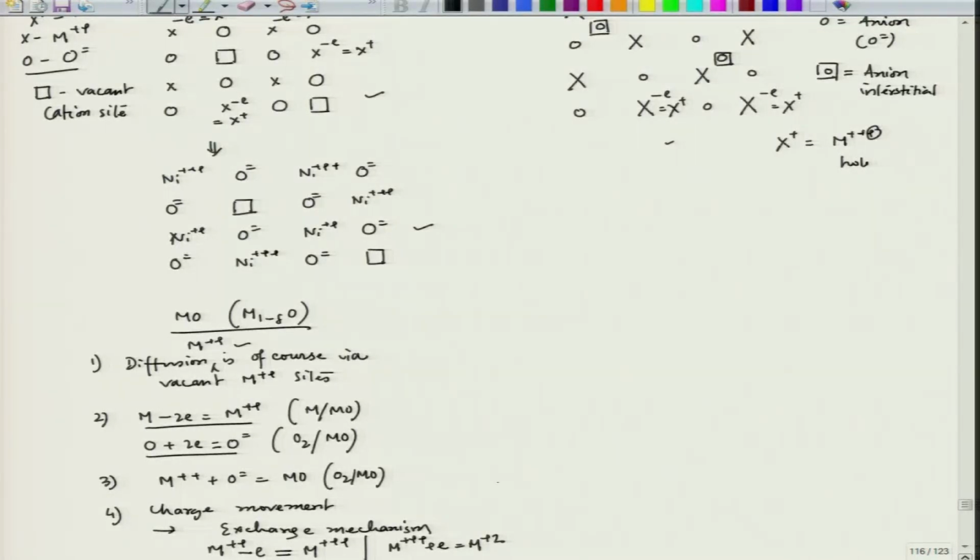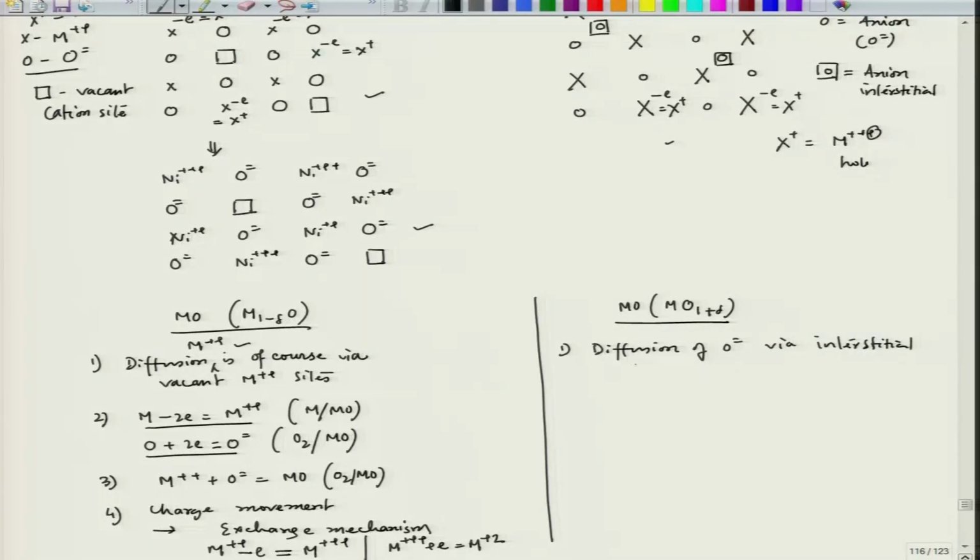Now, this is the case for metal deficient oxide, but for the metal oxide MO 1 minus delta, sorry, 1 plus delta, which is the p type, in that case there is diffusion of O2, which is the anion, via interstitial jump.